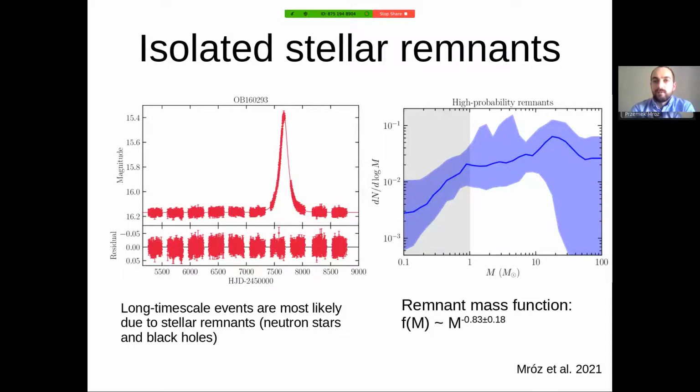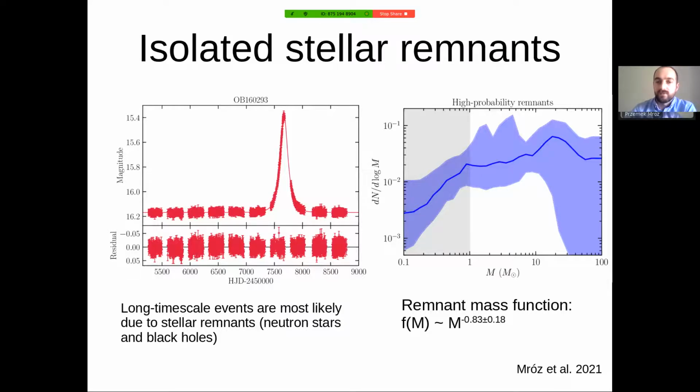And we can also search for such long timescale microlensing events in our event samples, and then estimate the masses of the lenses. For example, we can measure the mass function of isolated black holes, which I think is impossible to do otherwise.